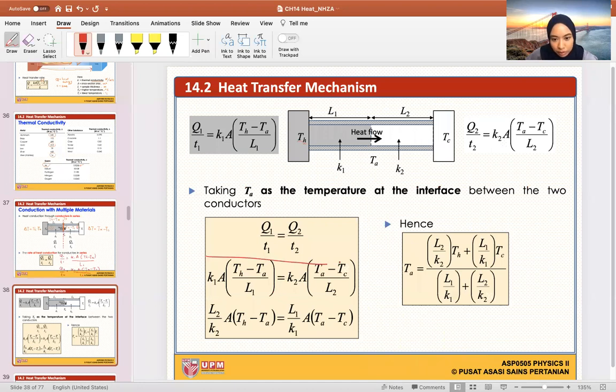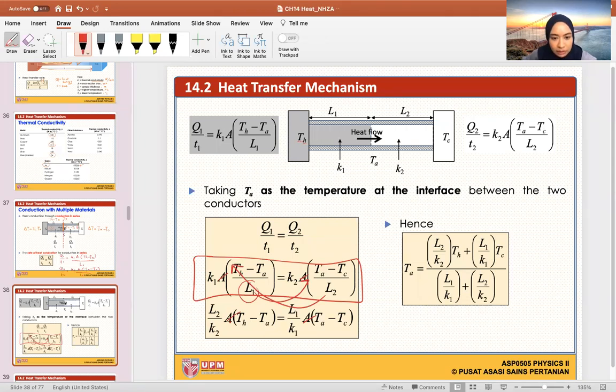So this is what we got so far, right? Kita boleh cancel out A, should be. Okay, so this cancels out. So L1 ni dibawa ke sana sebab this is dekat bawah, dibawa ke atas sini, and then L2 ke sini.